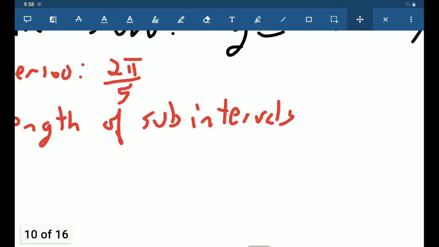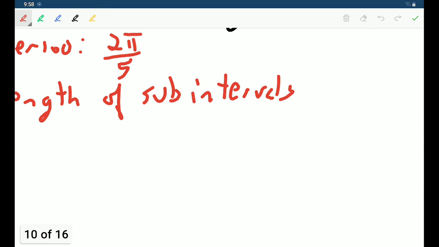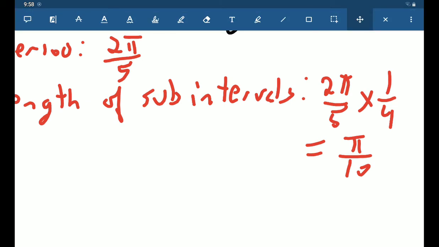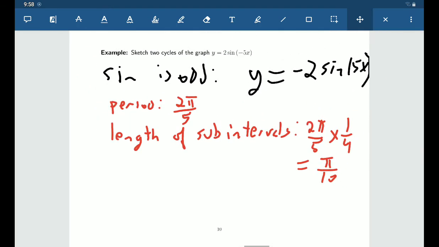So to slice it into 4 equal-sized pieces, that means we would be taking 2 pi over 5 and multiplying it by a quarter. And of course, the 2 and the 4 cancel to leave me just with pi over 10 once I've simplified it. So that means that my length of each subinterval is pi over 10, but that also means that the endpoints of each subinterval will be pi over 10 more than the previous.